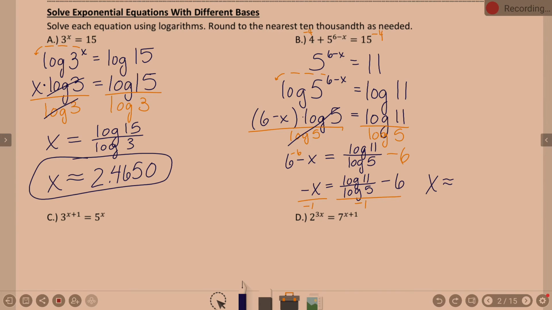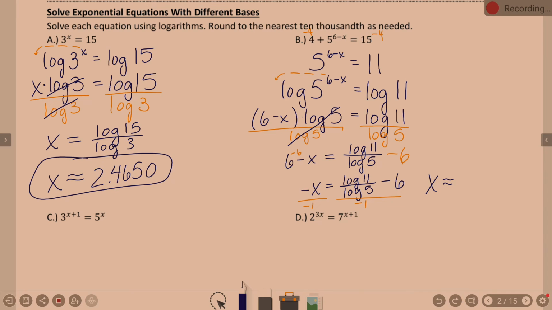I would just kind of plug it into the calculator piece by piece. So like the first, as I look at what I need to do to solve, first thing I see is log 11 divided by log 5. So log 11 in parentheses divided by log 5 in parentheses. Now, I would encourage you at this point to pause and hit equals.